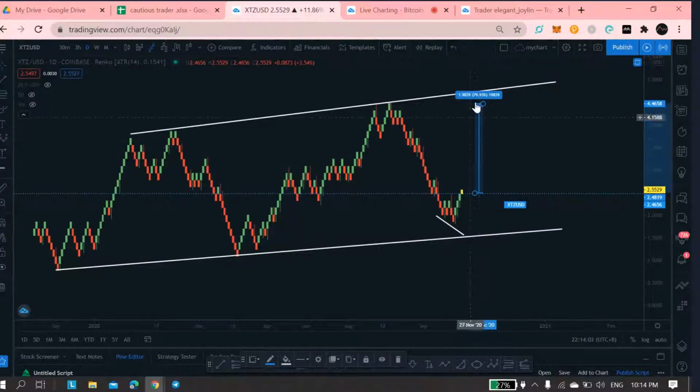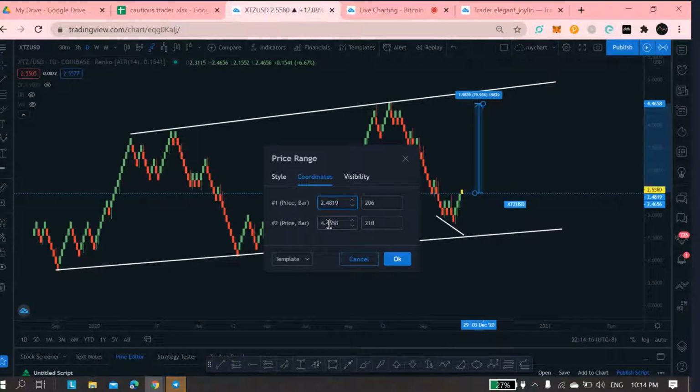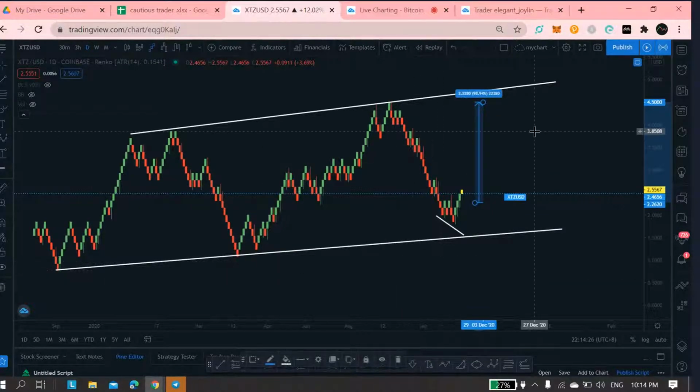So if my TP got hit at 4.5, you can just multiply that. Oh, let's use the exact 2.26, 2.625, and then 4.5. So if that will be the case, actually that's around 98%.